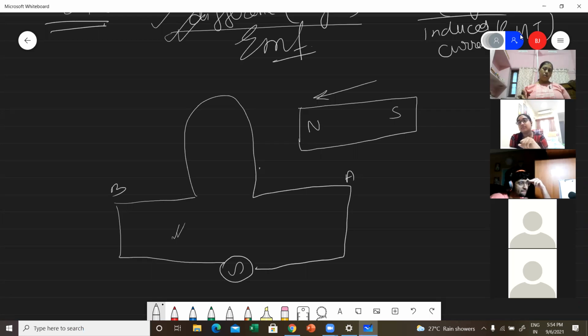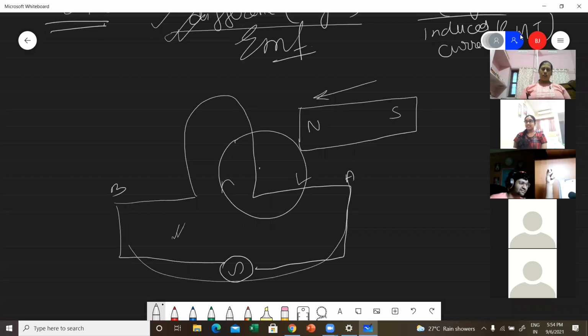Have you done it? It will be anti-clockwise, ma'am, for outside. A to B is clockwise, no? A to B is anti-clockwise. Clock moves like this, ma'am. So if it goes from A to B, this is clockwise.